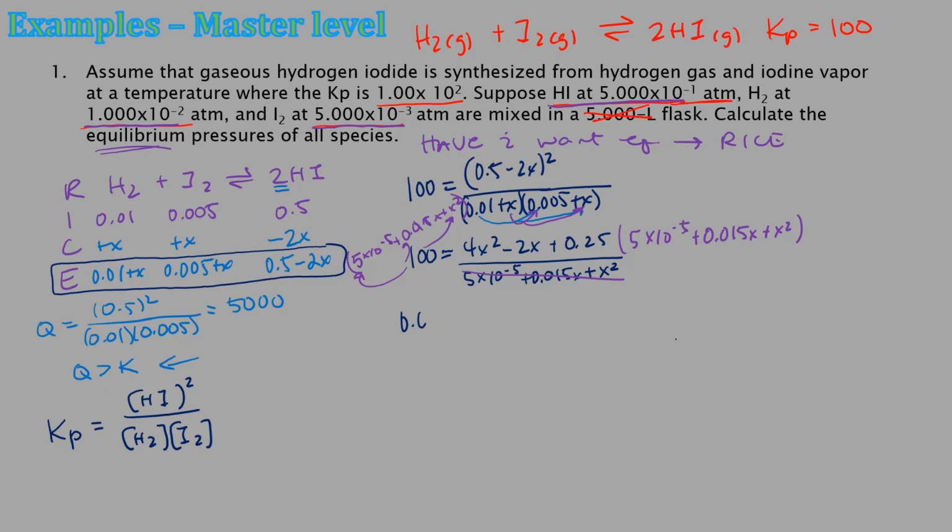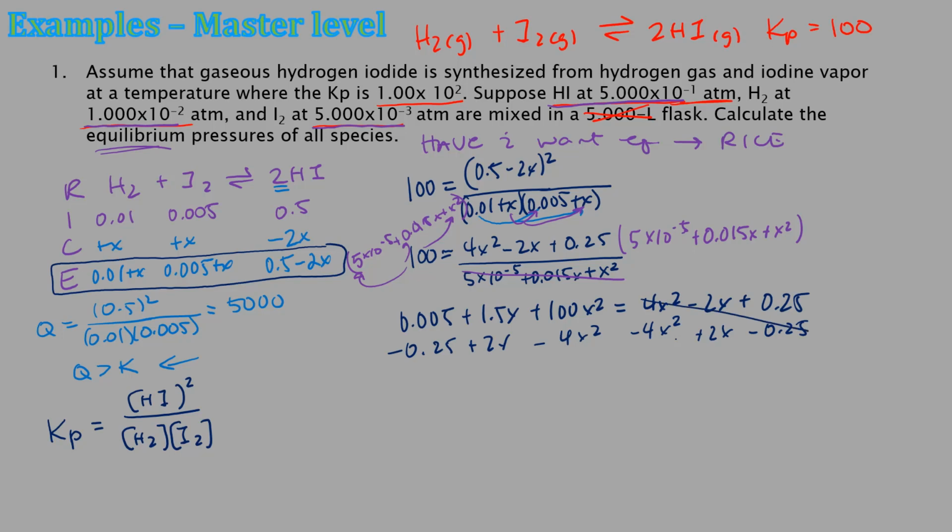So I get 0.005 plus 1.5x plus 100x squared is equal to 4x squared minus 2x plus 0.25. And then we collect like terms. So I'm going to move everything over here. So all this goes to 0.